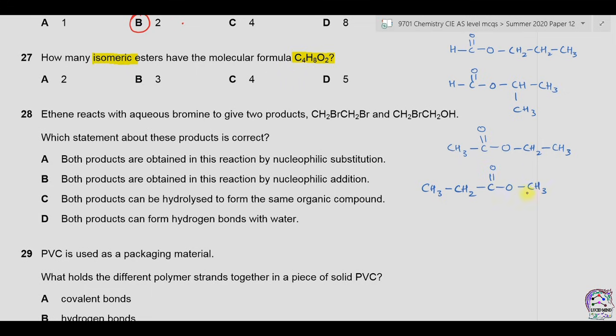Now if we shift this carbon atom to this side, then this type of structure is formed, CH3, CH2, CH2, C double bond O, O, and only a hydrogen atom is left on the other side. Now this is not an ester, it is actually a carboxylic acid, so this structure will not be counted. Now the only possible structures are 1, 2, 3 and 4, so therefore the possible option is C.